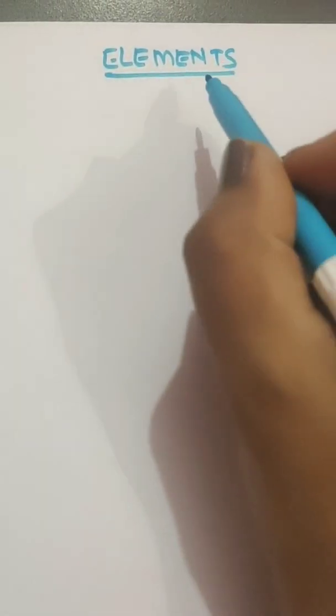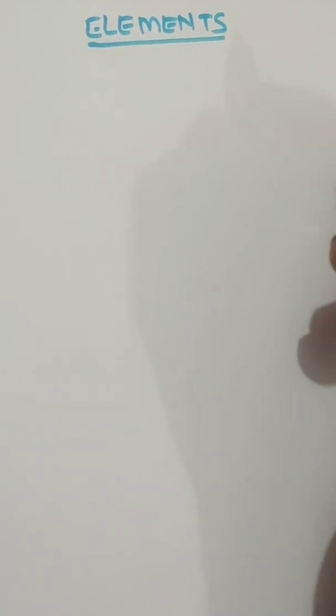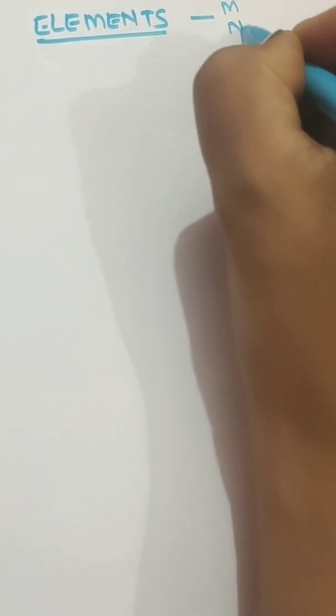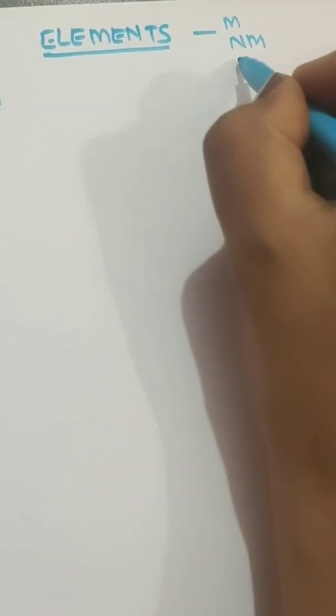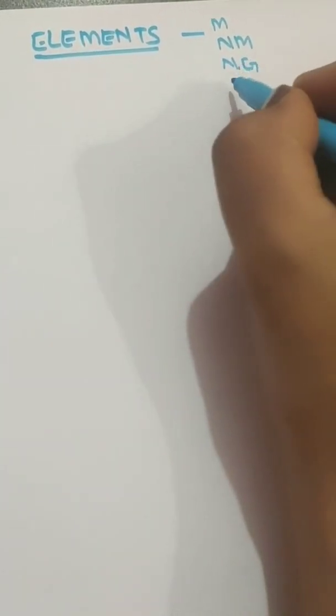So an element is just a pure substance, it's not a mixture of anything. The smallest particle of an element is called an atom.